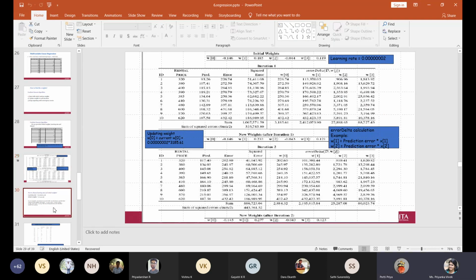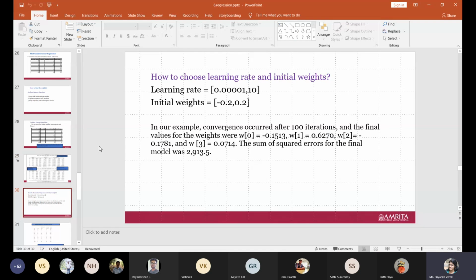You understood how your theta gets updated? There is one more thing I'll tell, and then stop, as it's already late. The learning rate, if it is not given, you can choose something like 0.00001 to 10.